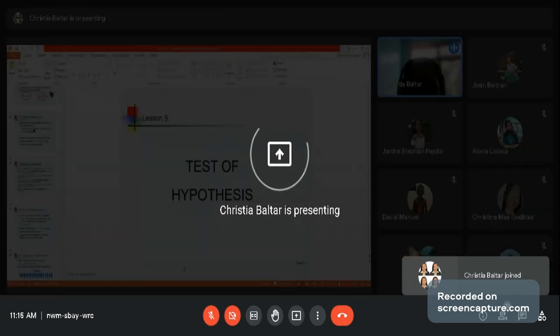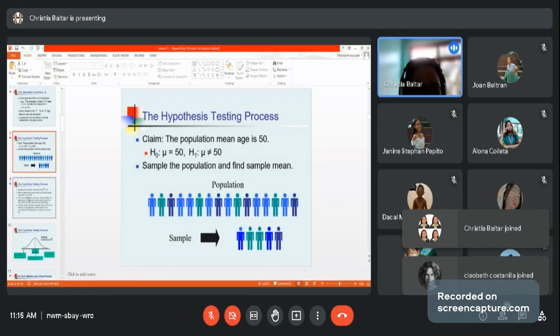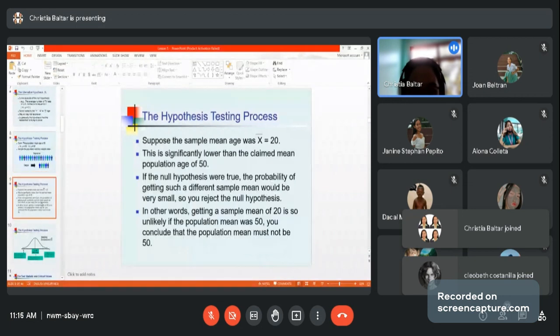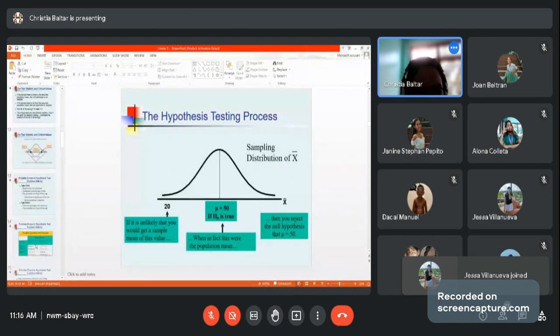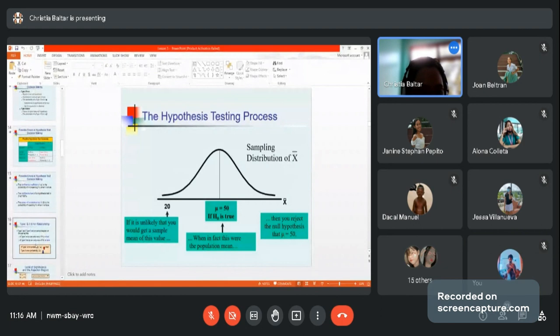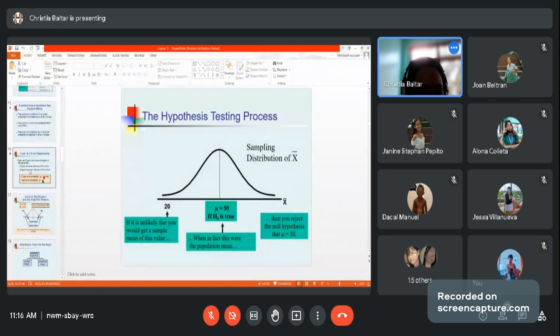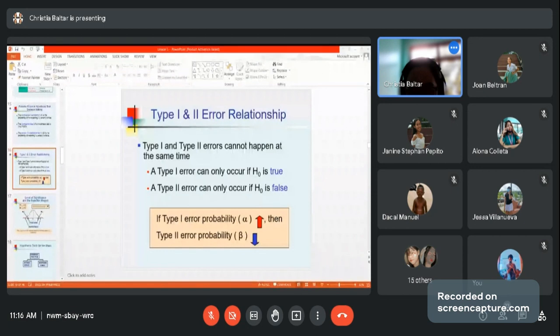Okay, which slide are we on, class? Here, no? We're done in this slide. Here. We already discussed the two types of error.